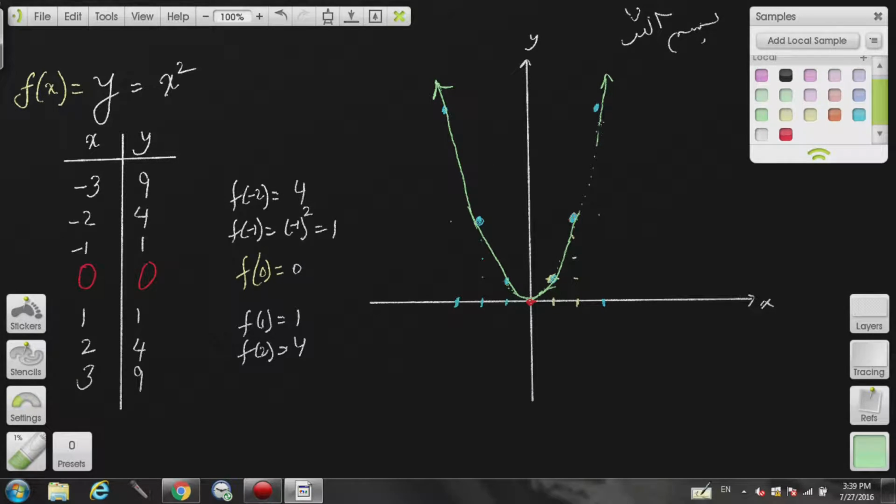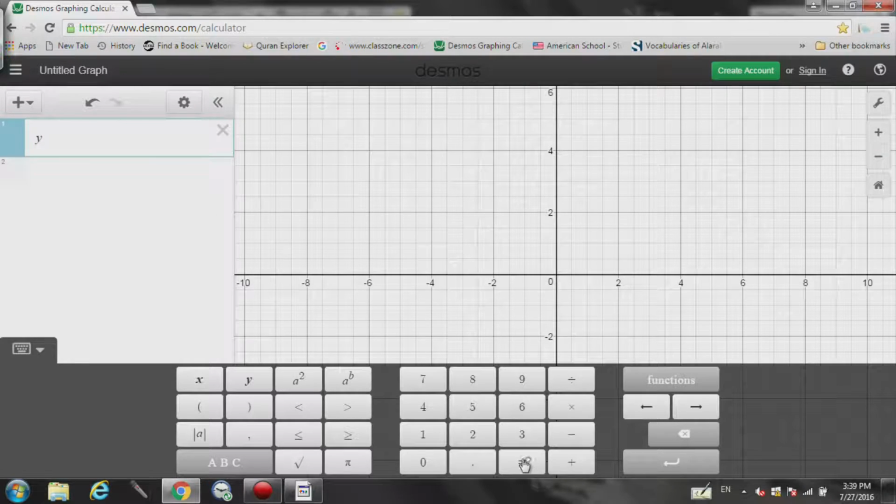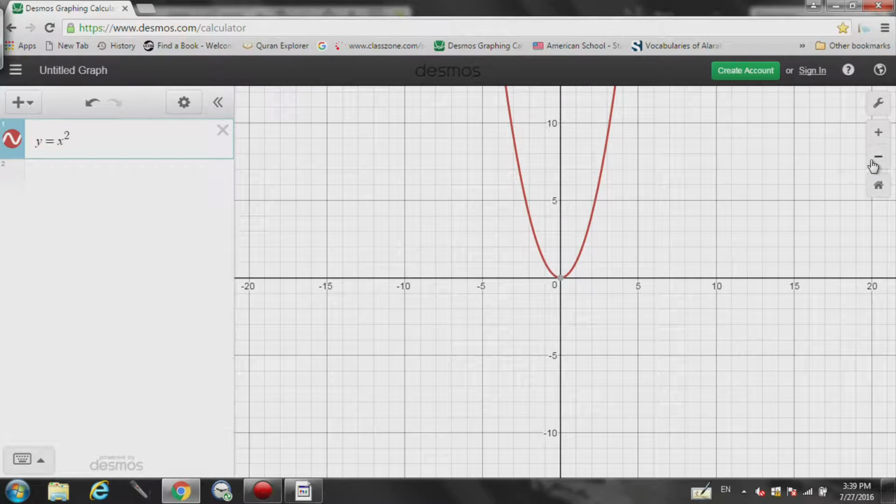This would be the graph of y equals x squared. This is, of course, a parabola. This graph is a parabola. So we try to graph this here, y equals x squared, that's a parabola. Now, a parabola has some features that we have to understand.